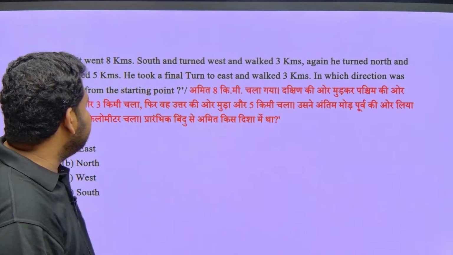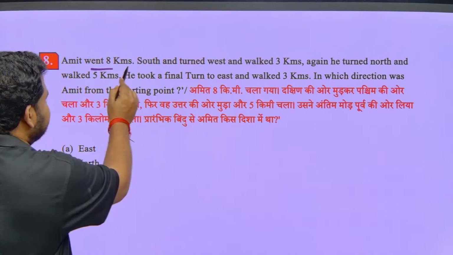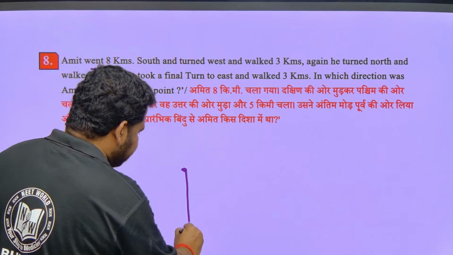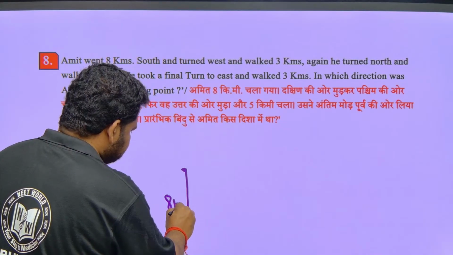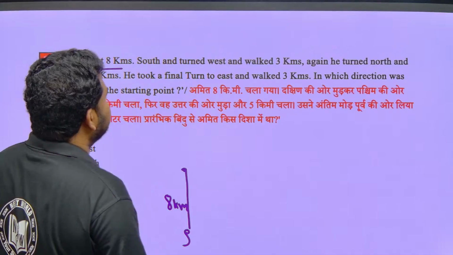Amit went 8 kilometers south. Let us have a look at this question. Amit went 8 kilometers south, so this will be the starting point. He went south and turned west.